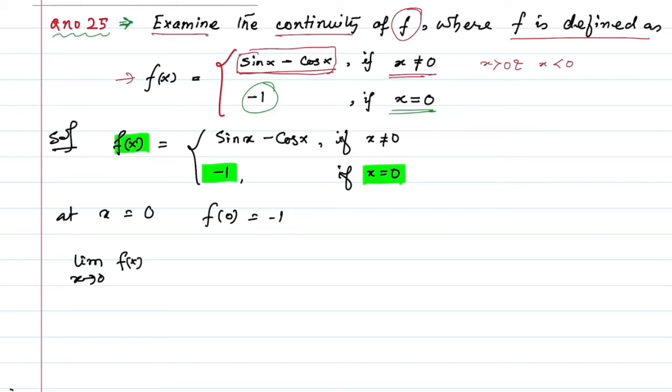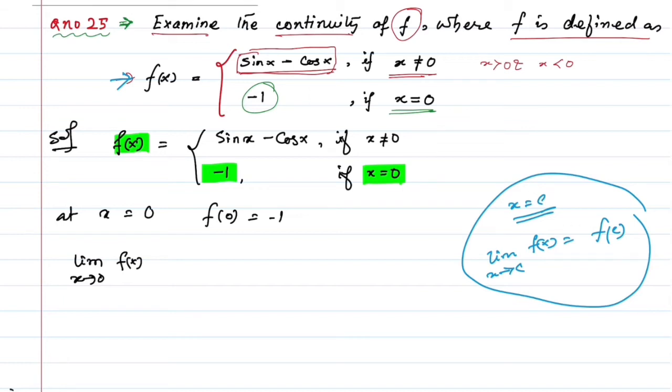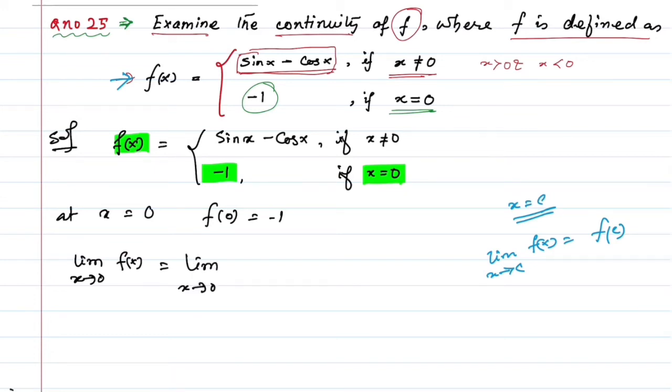To be continuous at x is equal to c, we know that limit x tends to c of f of x must be equal to f of c. So let me check whether this function satisfies this condition or not. Now here limit x tends to 0, x is not equal to 0, x tends to 0.